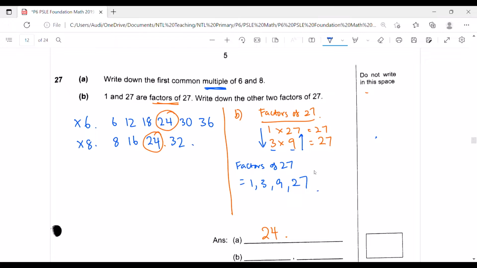Now the question says 1 and 27 are factors. What are the other two factors? So we know that 1 and 27, that's already in the question. So the other two factors that are not in the question will be 3 and 9. So that's our answer, 3 and 9. Okay, please pause the video, try it out, and then you can continue again.